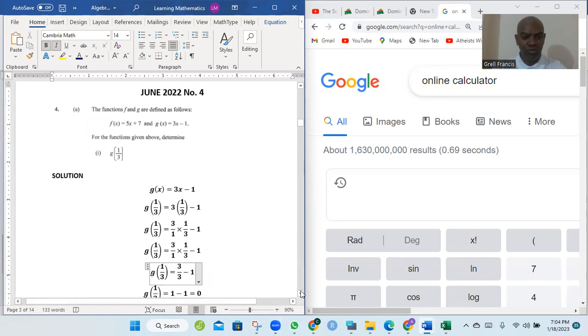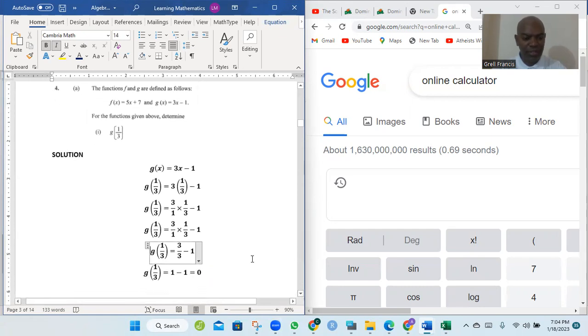So really and truly, here now, if you would like to see the working, we're supposed to write 3 times 1, because numerator to numerator, 3 times 1, and the denominator is 1 times 3. You multiply straight across.